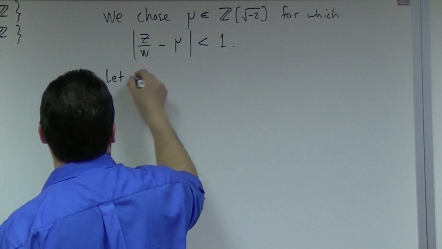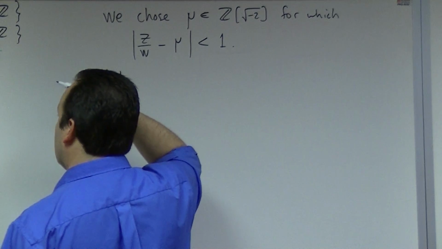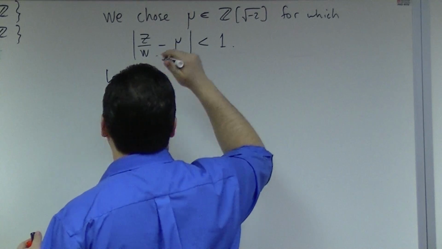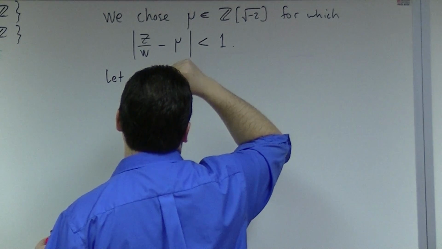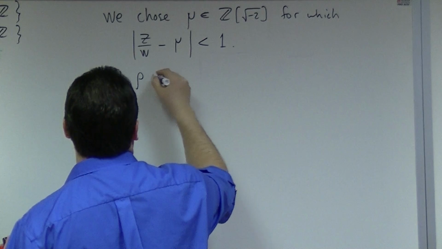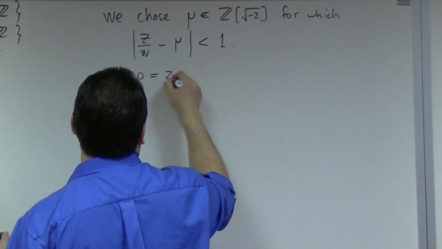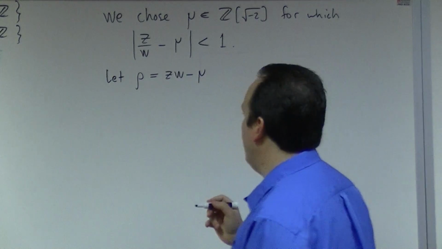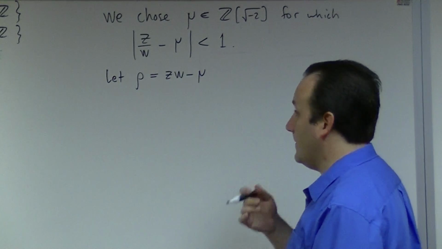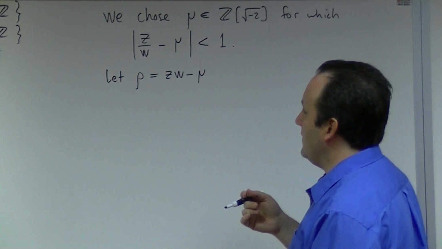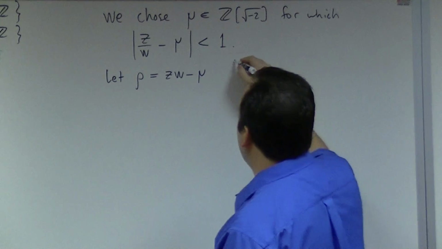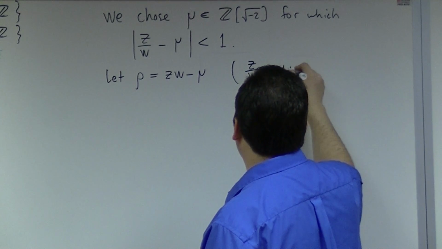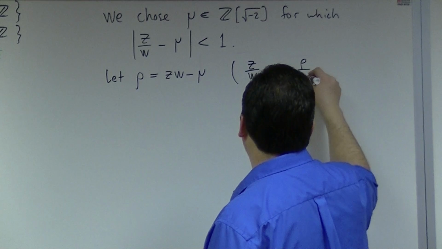Now we're going to let rho equal z w minus mu. Let rho equal that. So, by the way, my goal, guys, is this: z over w is equal to mu plus rho over w, basically.